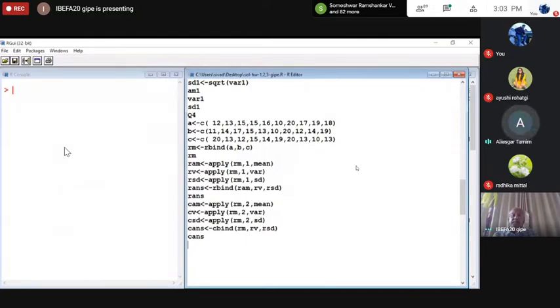So what I think they're trying to say is, in the second last line of the syntax, we have used RM, RV, and RSD. So shouldn't that be CAM, CV, and CSD? No, the second last line. Yeah, sorry.